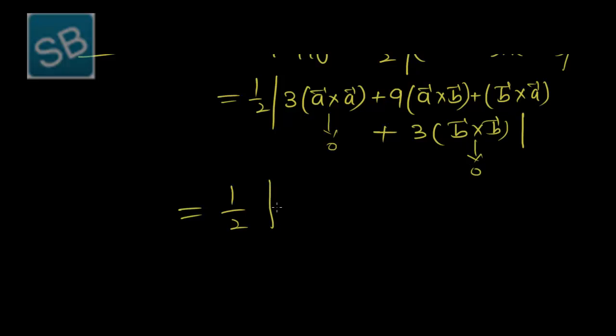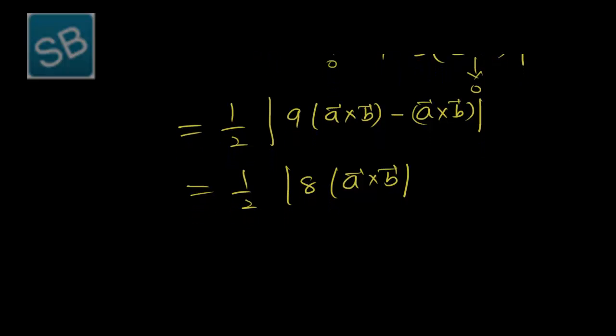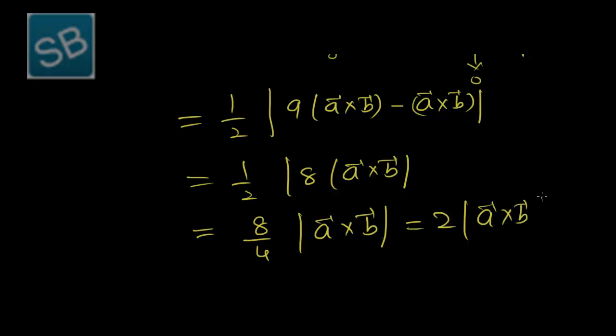And we get in the magnitude form 9 times A cross B, and B cross A becomes minus A cross B. So we get here half times 8 times the magnitude of A cross B. The magnitude of 8 is 8, so it becomes 8 over 4 times the magnitude of A cross B. So we get 2 times the magnitude of A cross B.